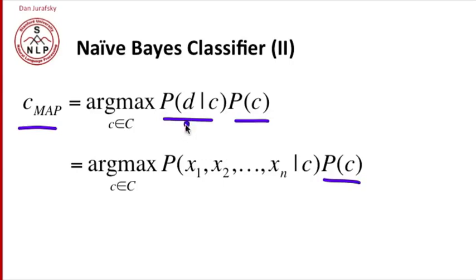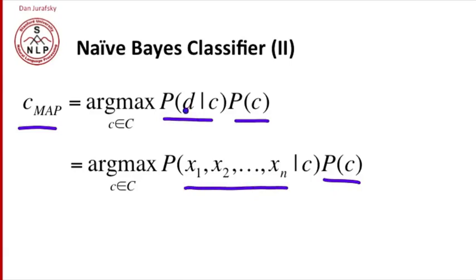What do I mean by the probability of a document given the class? What do I mean to say, this particular movie review, how likely is it given the class positive? It seems like a very complicated and confusing thing to compute. One way to operationalize that is to say, let's represent the document by a whole set of features, x1 through xn.